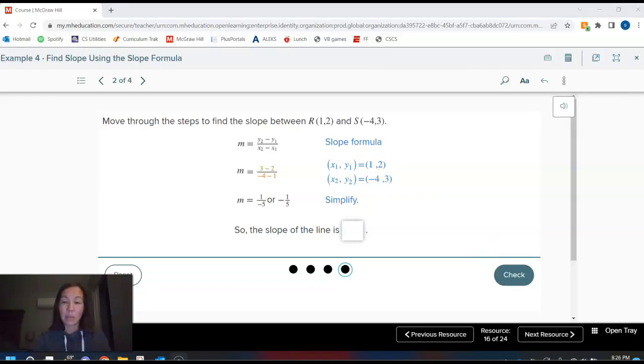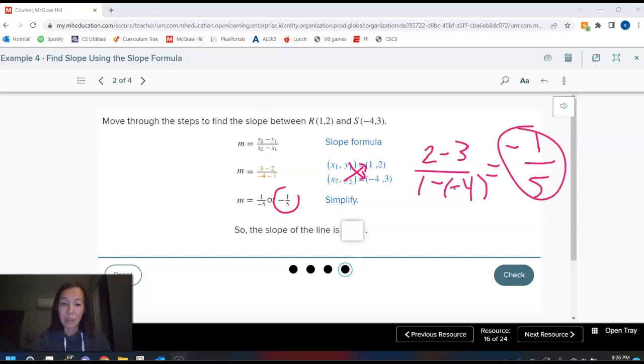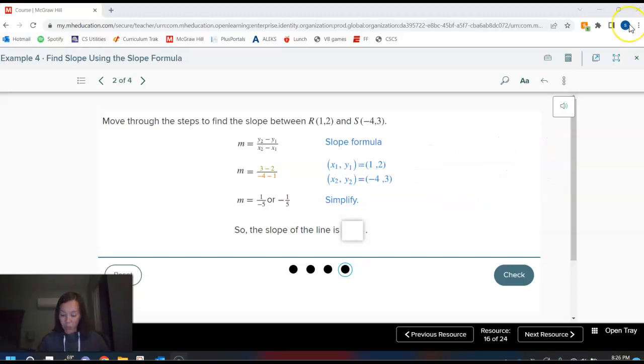So if I make this that, and this that, then y2 minus y1, basically these just flip over x2 minus x1 is -1 over +5. So either way, like I said, we get the same thing. So it doesn't matter which order we do this, we get the exact same slope. So you guys try the one on the bottom of page 197 and see if you can get the slope for that one.